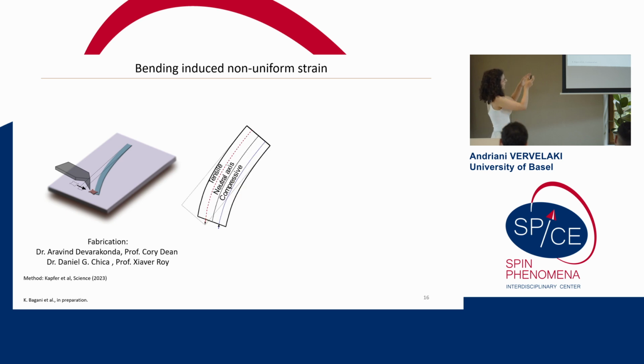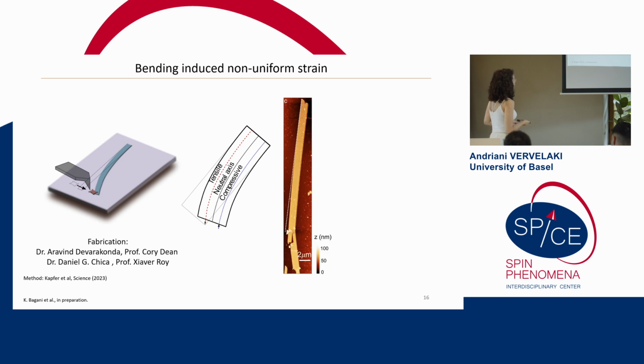So what is happening now is we have a bent flake that has tensile strain on its left side and compressive strain on its right side.